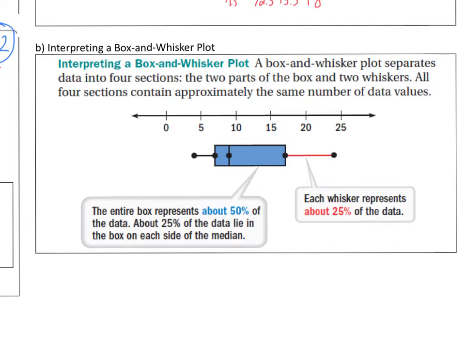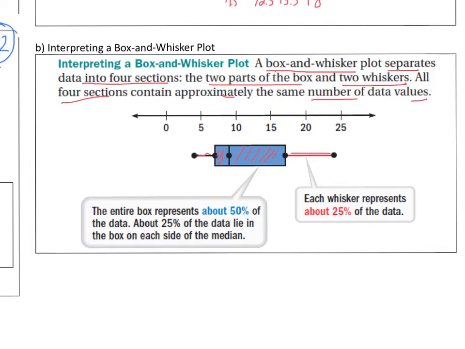So how do we interpret a box and whisker plot? Okay, look, a box and whisker plot separates data into 4 sections: the 2 parts of the box and the 2 whiskers. So here we have the 2 parts of the box, and then we have 2 whiskers. All 4 sections contain approximately the same number of data values. Okay, so what does that mean?